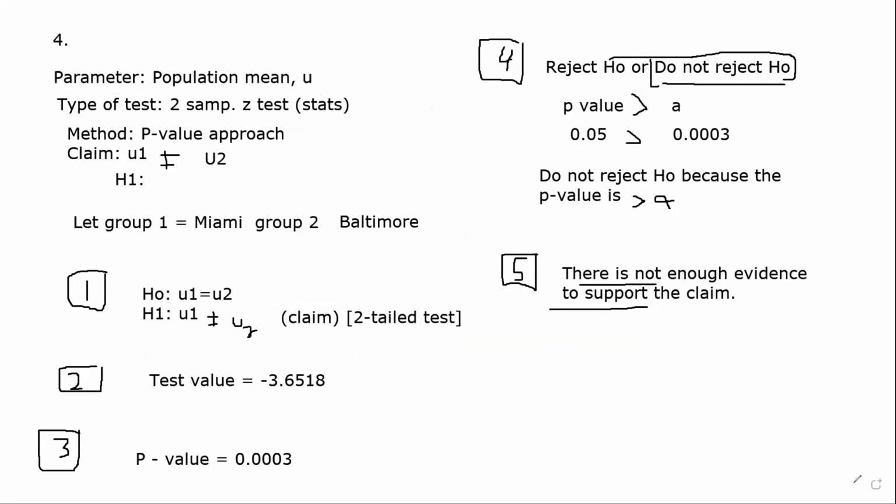Okay, and here's number 5. We're going to start the way we always start: parameter. We have population mean difference, or population mean mu.